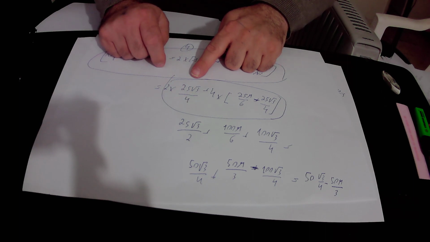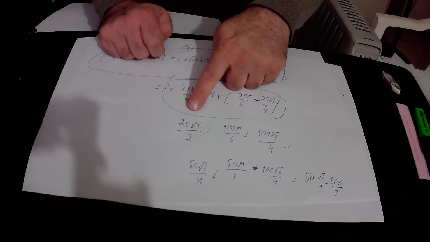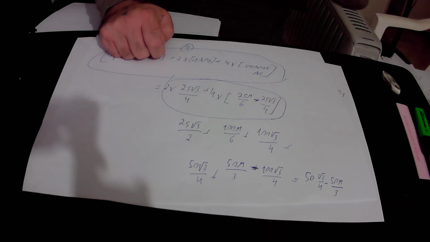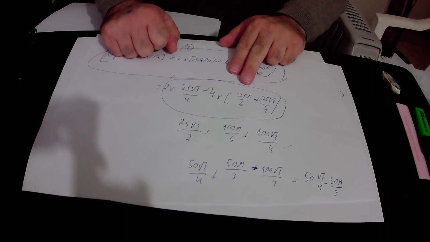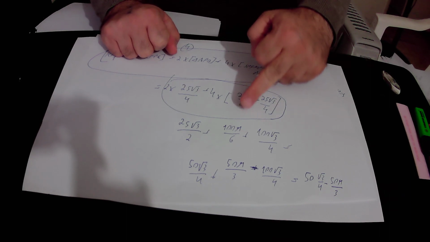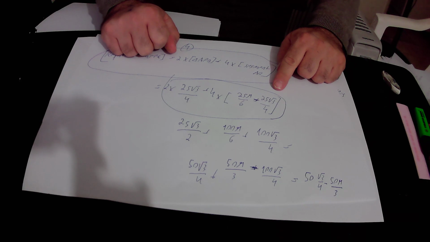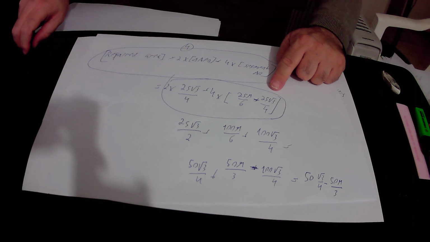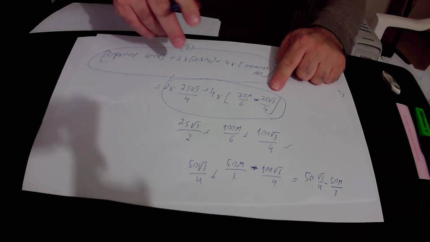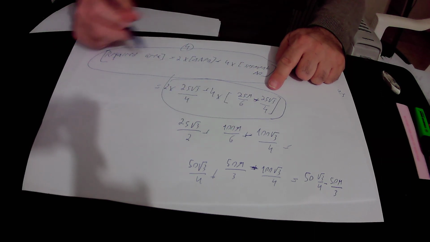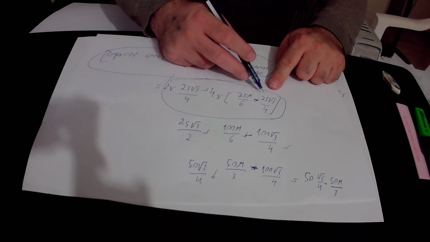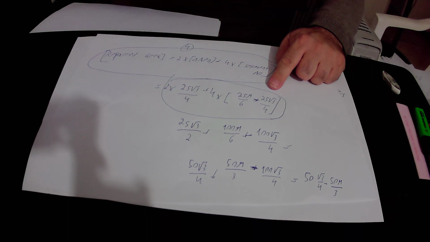So this expression equals 25 times square root of 3 over 2, and 4 times 25 is 100, so we get 100 pi over 6, minus 100 times square root of 3 over 4.